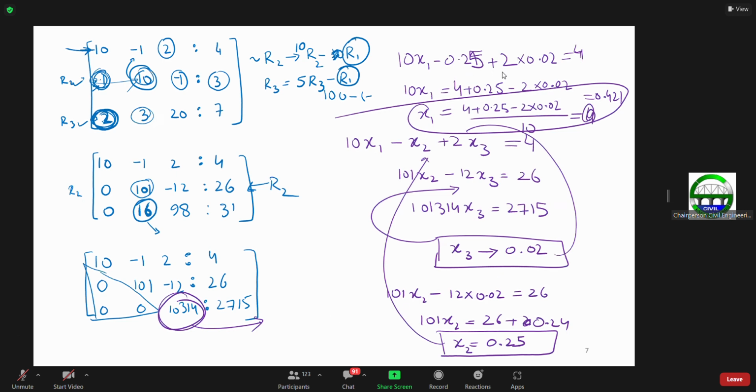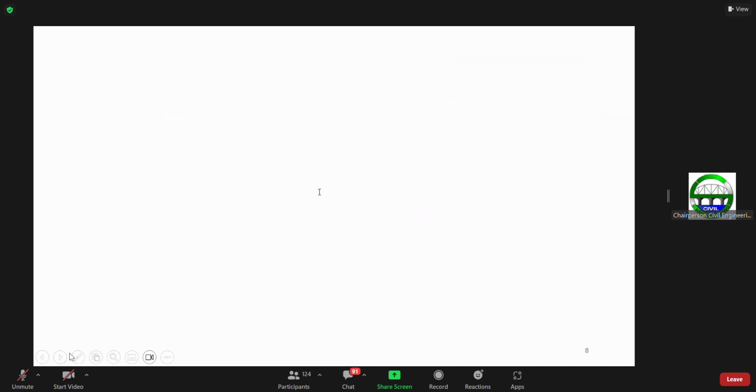Okay, so let's try to solve another example so it will be more clear to you. In our next example, they give us the matrix.